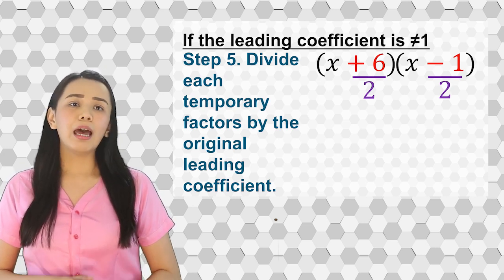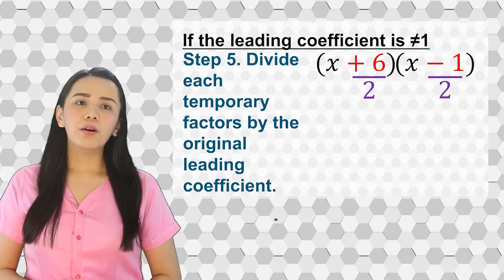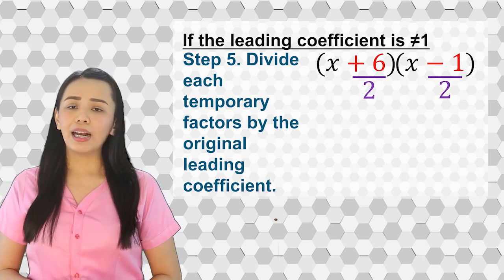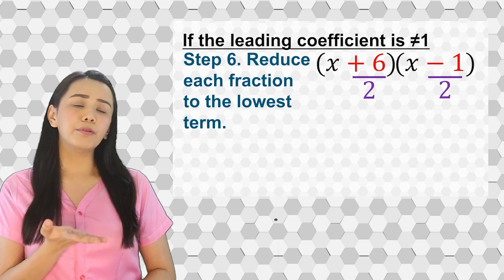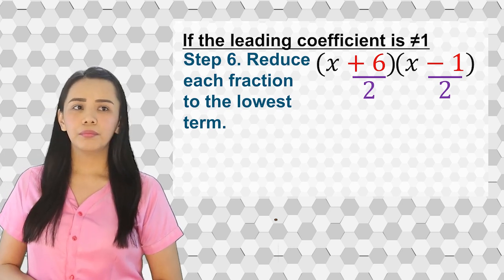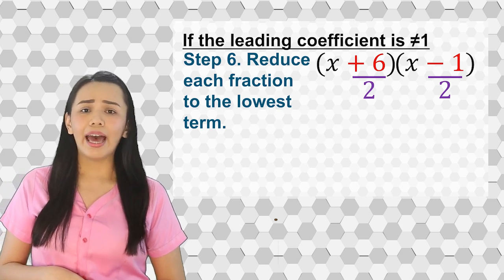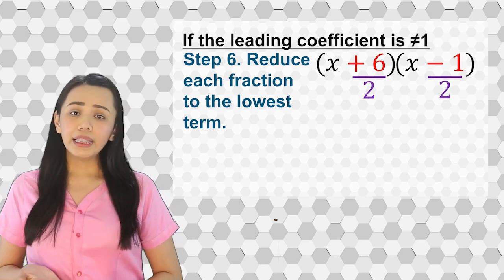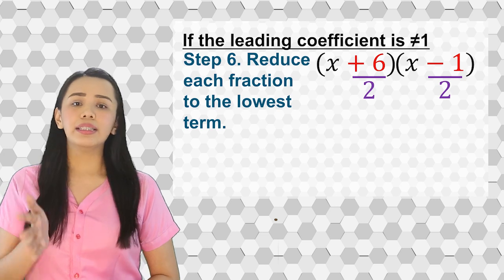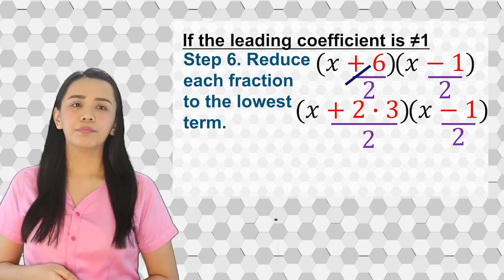For step 6, we are going to reduce these fractions to their lowest terms if possible. In this case, we cannot reduce negative 1/2 anymore, but we can still reduce 6/2 to 3.